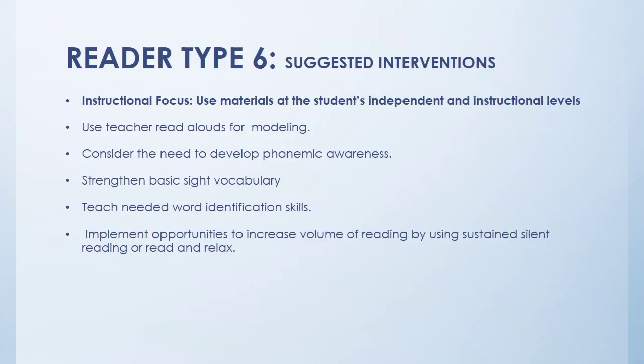Interventions. Some of the suggested interventions for type 6 readers are using materials at their independent and instructional level, using teacher read alouds for modeling, developing phonemic awareness, teaching word identification skills, providing increased opportunities for reading, using sustained silent reading or read and relax.